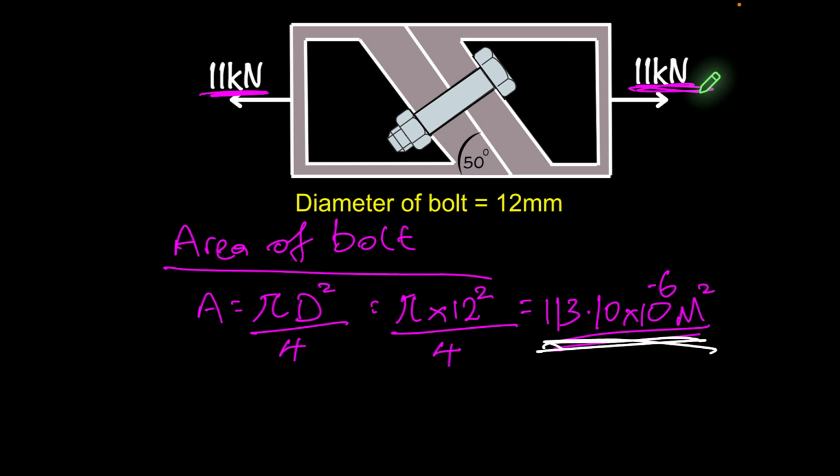Now, that 11 kilonewtons, it is a horizontal force, so you can imagine that it is going across the entire system like that. And what we're going to do is break this up into force components. So if I draw an axis along the length of the bolt, just like that, then that axis would represent one force component of our 11 kilonewtons, and that force component will be perpendicular to the cross-sectional area of the bolt.